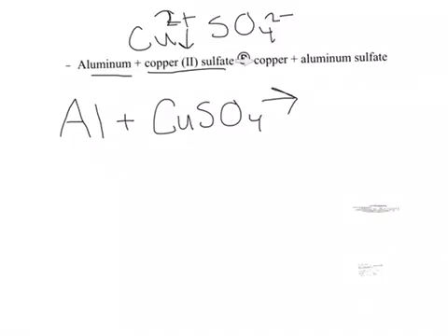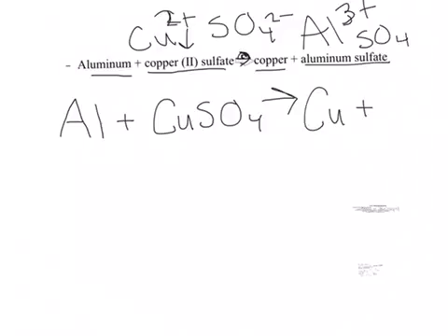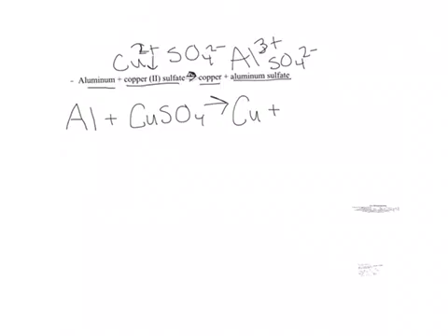yields, so this is the arrow, copper, which is now just Cu, plus aluminum sulfate. So aluminum is plus 3, and sulfate is still minus 2. So in order for that to cancel out the charges, you need to have 2 aluminums for every 3 sulfate.